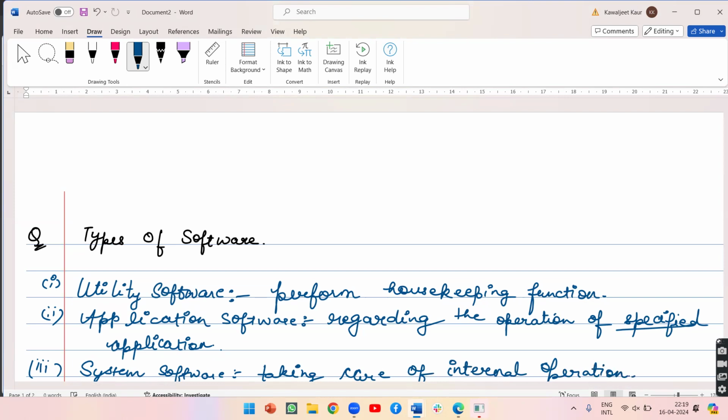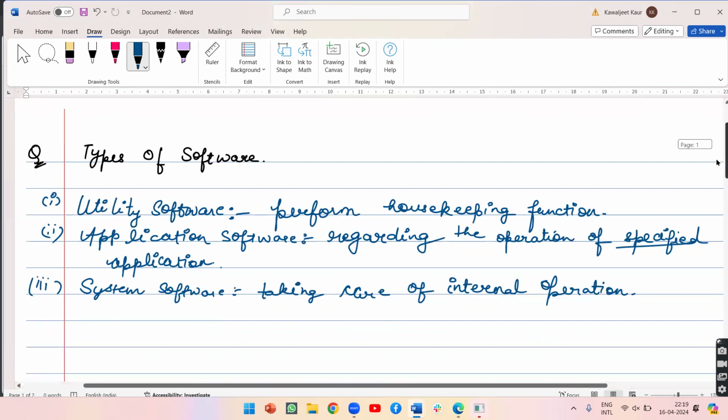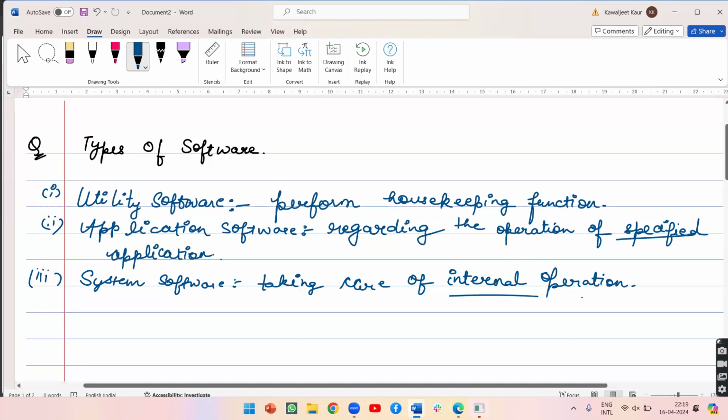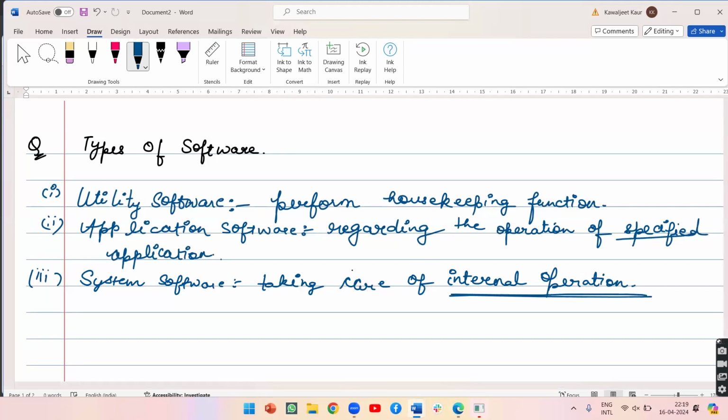Basically, our PC will have some internal operations to be performed that are hidden from the user. So for that, system software is very valuable.